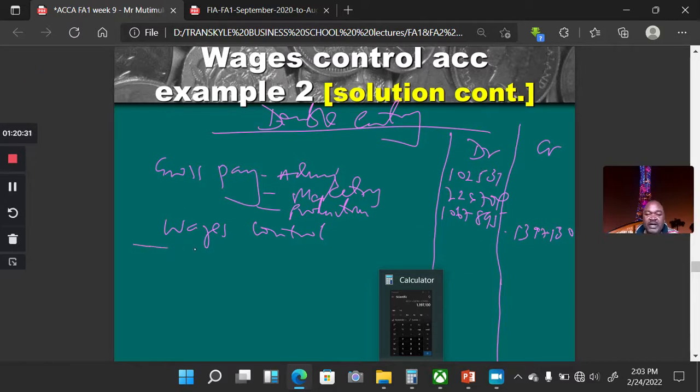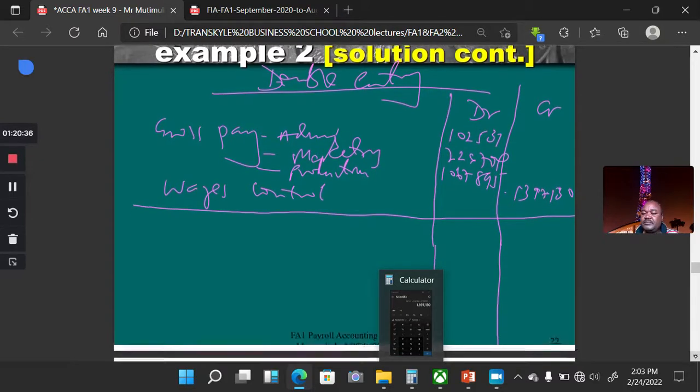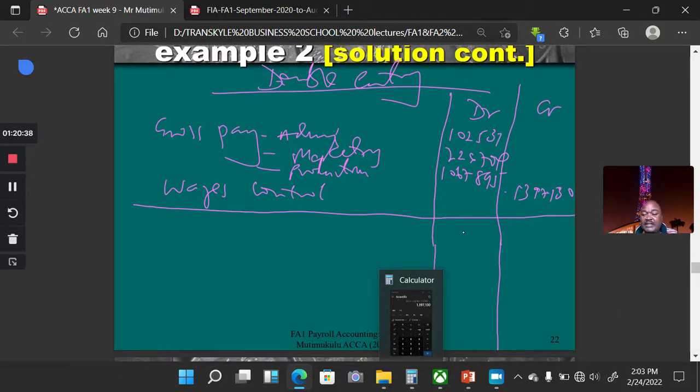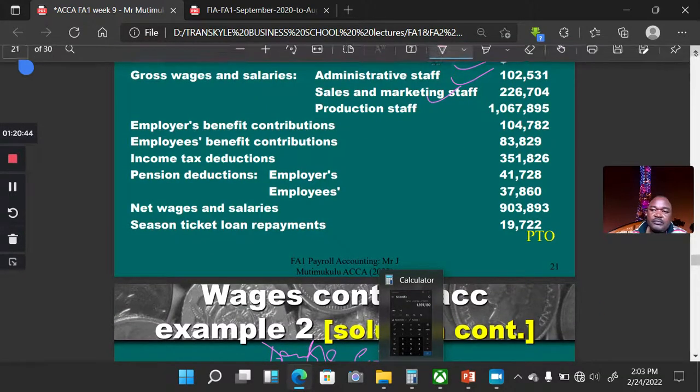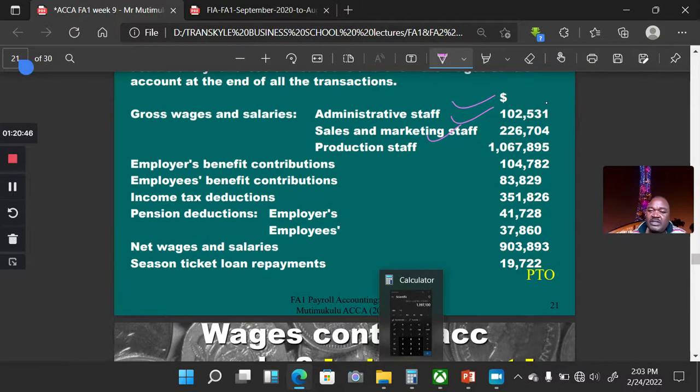You can as well underline, it doesn't matter. Then we had another double entry. If you go to the question, these ones have been done. The employers' benefit contributions, we just have to debit them.